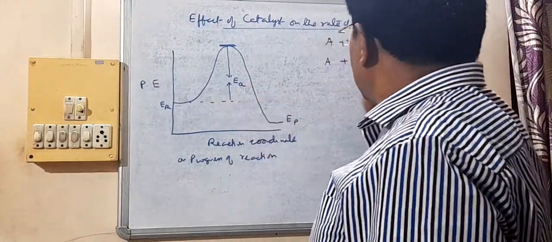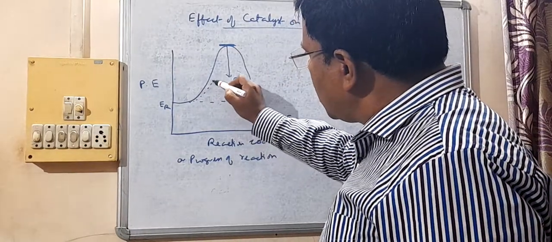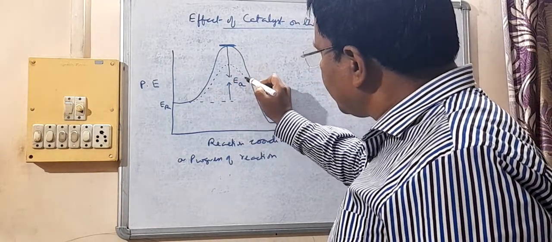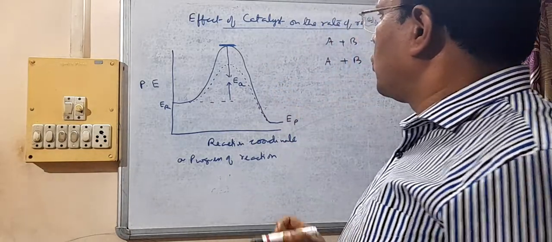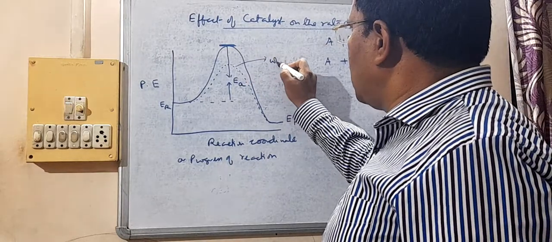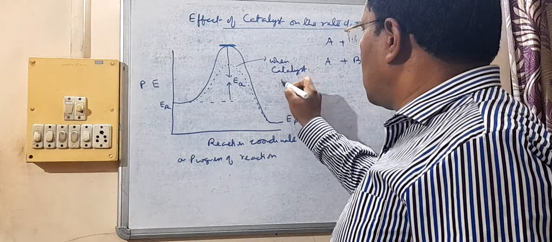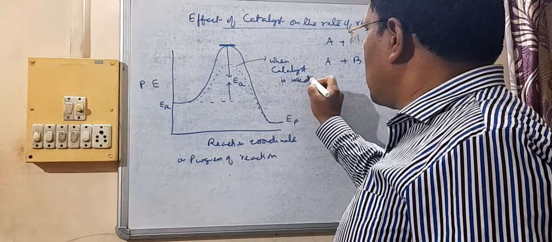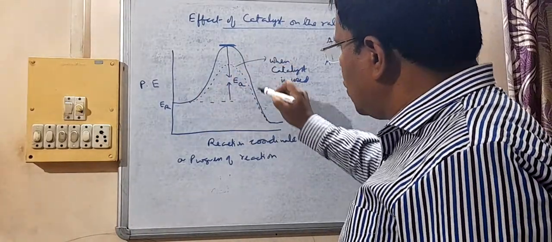Suppose when we use catalyst, the reaction path becomes like this. So this is the path when catalyst is used. This is the path when catalyst is not used.